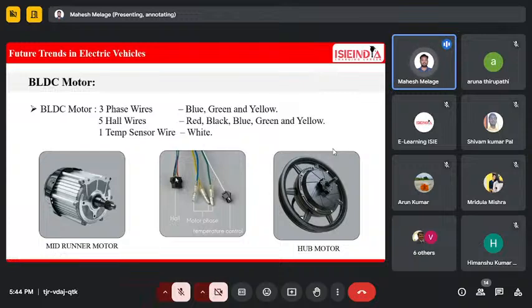And to identify the position of the rotor, because we want to achieve the desirable speed and measure the speed of the vehicle, we use the Hall effect sensor. The Hall effect sensor is nothing but a small semiconductor device. It can measure the position of the rotor for switching the next phases. These are the basic wires used in a motor.